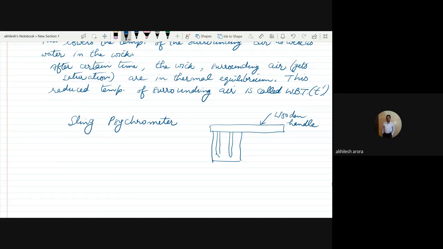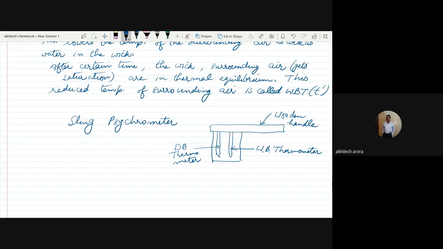So one of them is, you can say, dry bulb thermometer, and this is wet bulb thermometer.